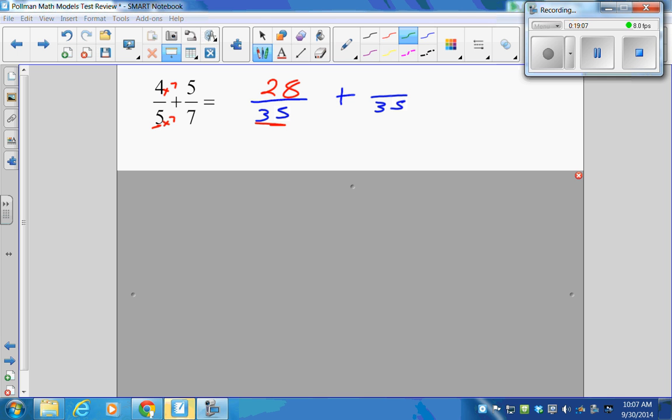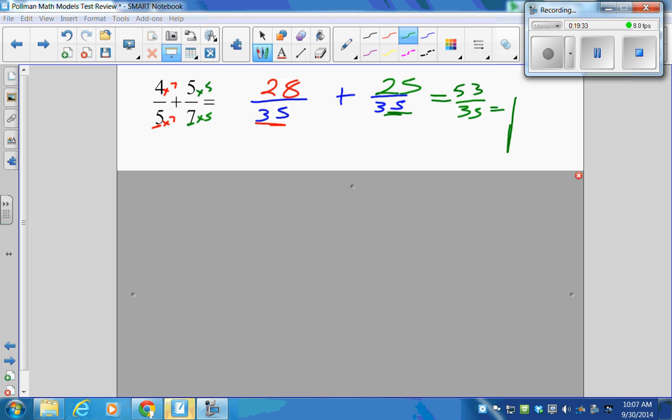Now, you do the same thing for the other side. How did I get from 7 to 35? I times by 5, so I do the same thing to the top. 5 times 5 is 25. Here's the hard part of these problems: once I add it together, 28 plus 25 is 53 35ths. I have to put it into a mixed number because it's an improper fraction. So how many times did 35 go into 53?